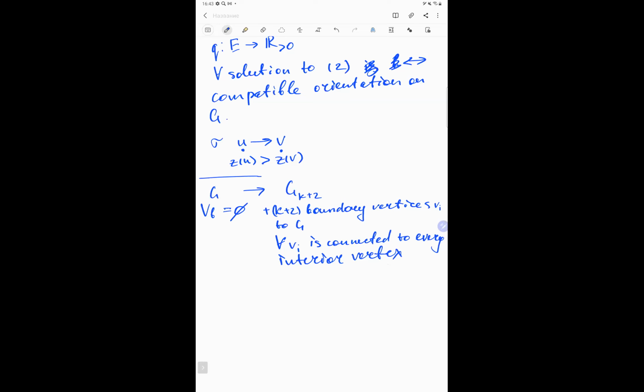Это связанная сумма с скрепным графом. We have a graph and we add several vertices, and we connect each additional vertex with all the vertices of the original graph. And consider these new vertices as boundary vertices of the modified graph.